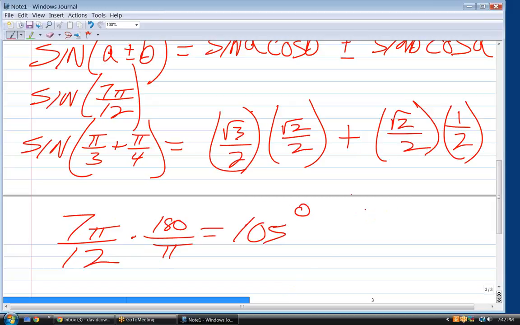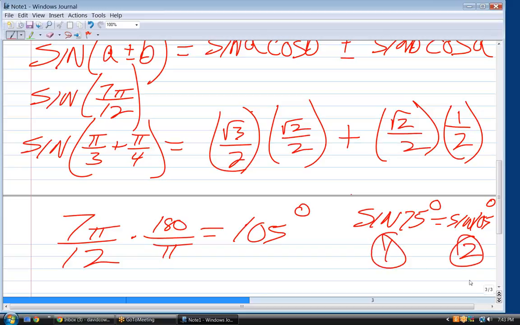So, the question is, is the sine of 75 degrees equal to the sine of 105 degrees? Because we just came up with 2 identical answers for each of these. Should that be true? Yeah, because this is first quadrant.